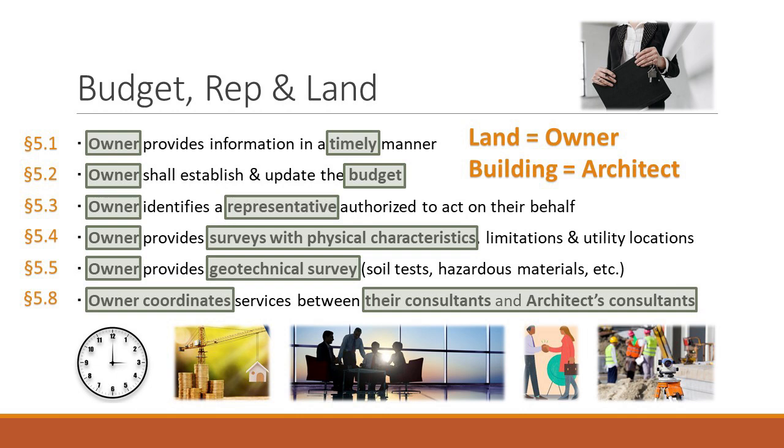5.6, the owner shall provide supplemental services designated as the owner's responsibility in section 4.11. So this chart that I talked about, when you take a look at the actual B101 document, it's got a long list on the left-hand side of all of the types of services, and then it's got two columns, one that says architect and one that says owner.